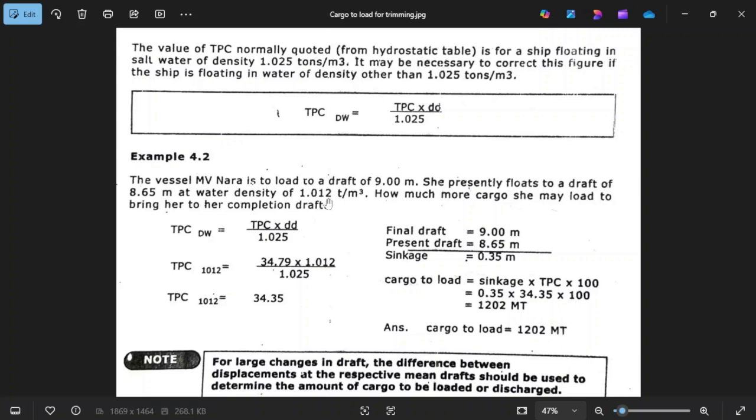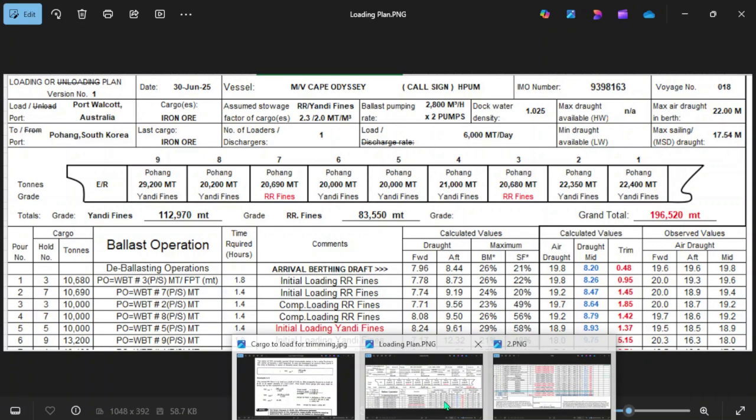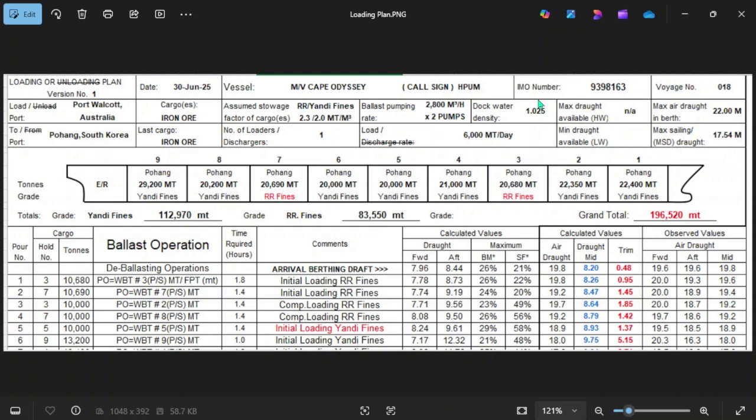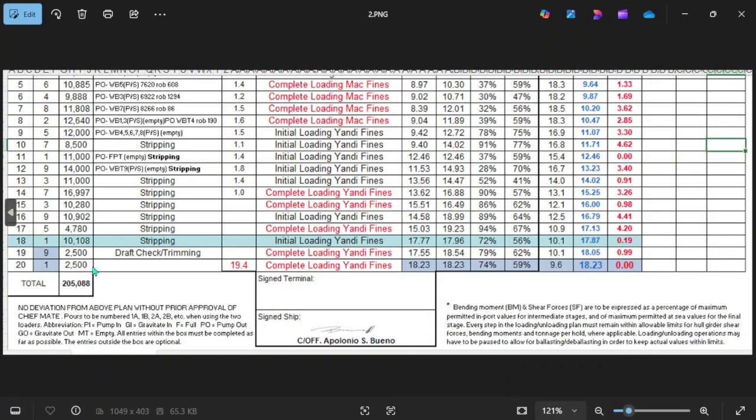Now take note, guys, with your loading plan, for example, this is 1.012. This should hold until you complete your loading plan sequence until you reach your departure draft. So all these procedures here should be based on your water density of 1.012.